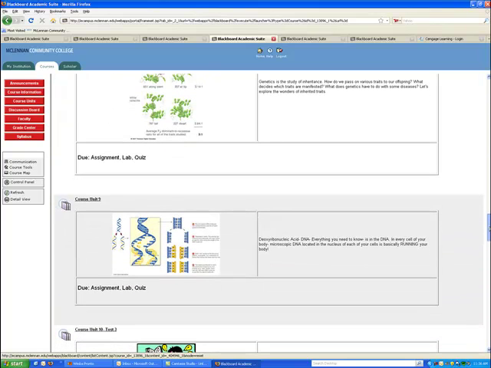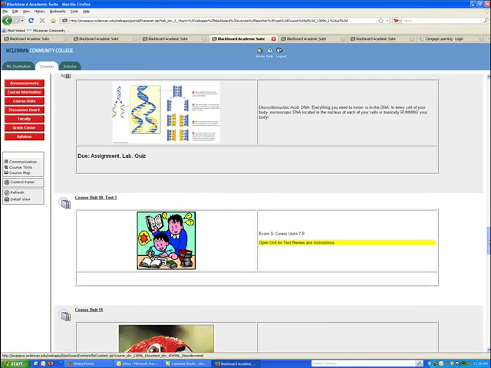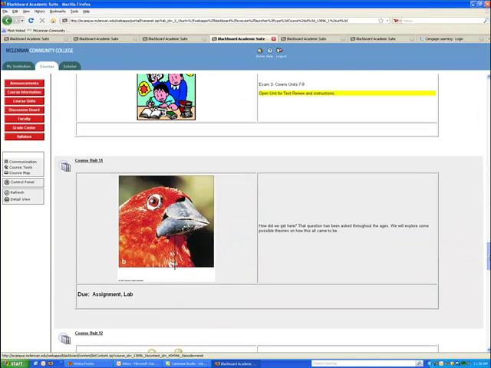Then we study deoxyribonucleic acid, DNA. This is a very fascinating unit about what happens on such a microscopic level in our bodies and in every cell in our bodies. Then we have another test.